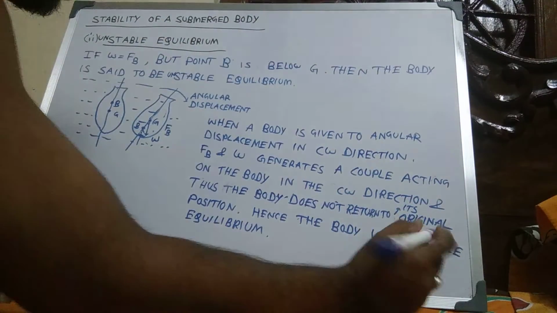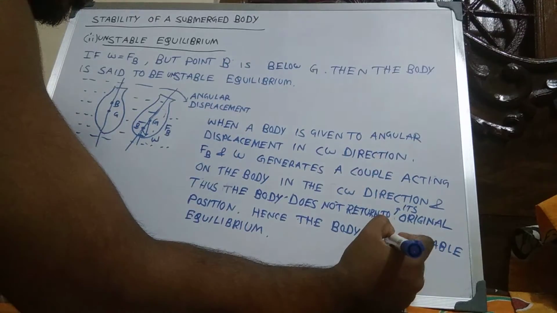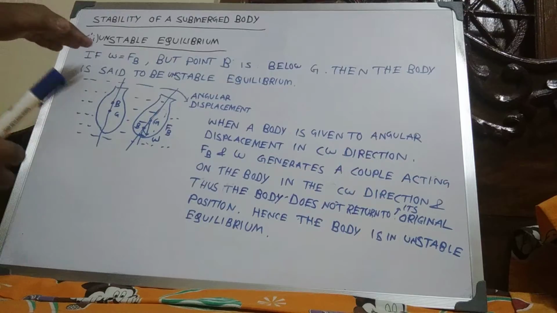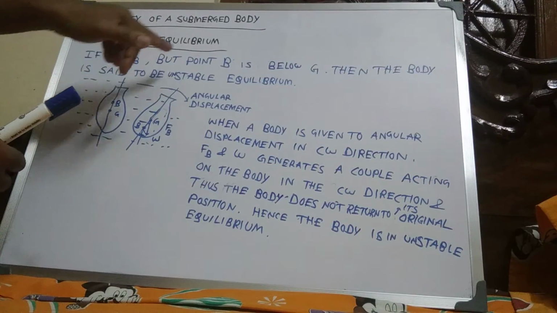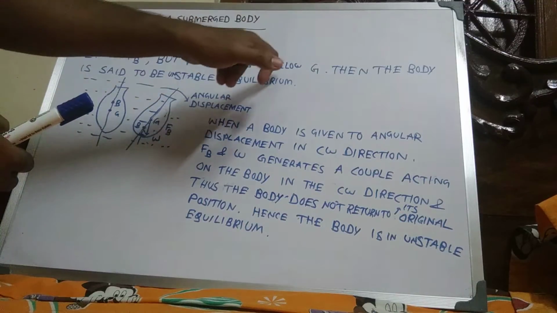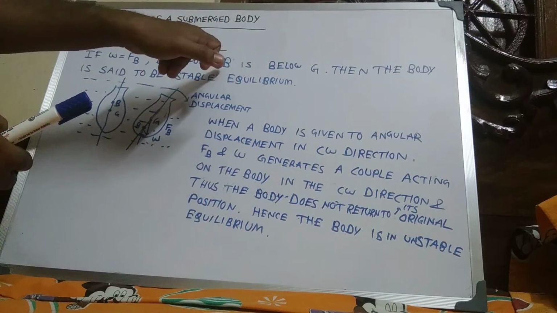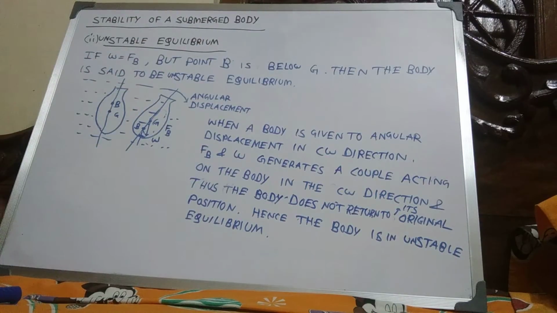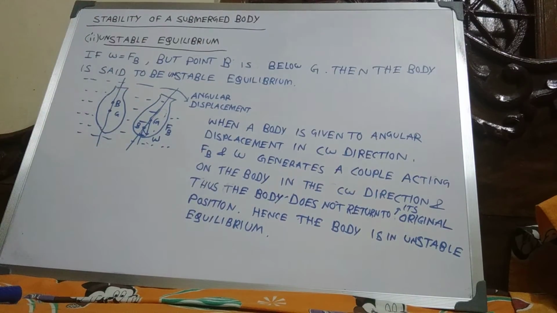Then the body is in unstable equilibrium. Understand? If B, the center of buoyancy, is below the center of gravity, then unstable equilibrium.